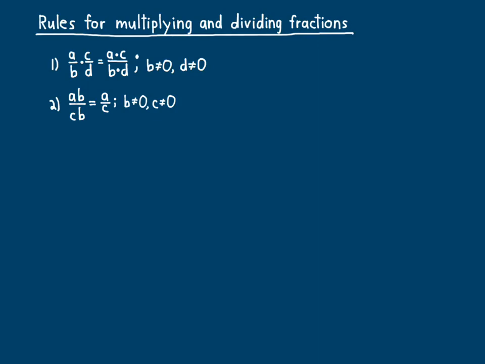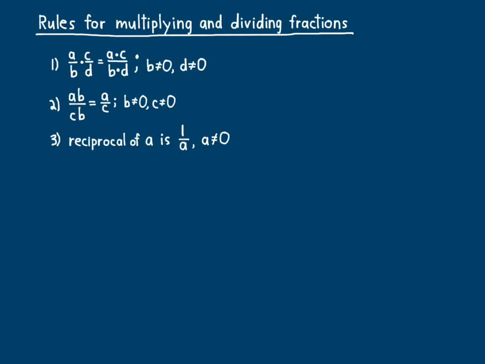Because the original expression has a b in the denominator, and that's what determines the restrictions on the expression. So if I want to know the restrictions here, you can't have c equal to 0, because then ab over cb would not be a real number. They're just nonsense. You could say nonsense equals nonsense, but they're not necessarily the same nonsense.